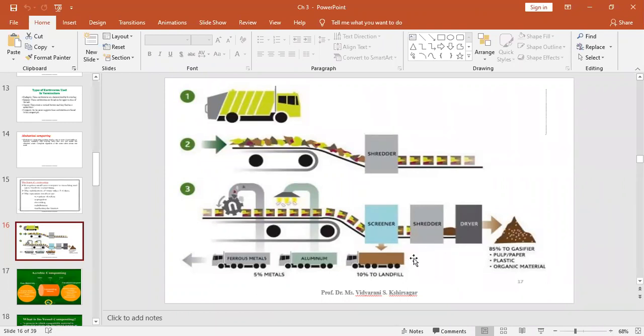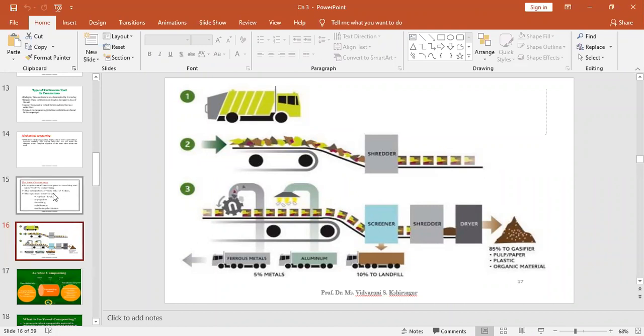This will help to decompose. Bacteria will be able to decompose it at a faster rate if it is converted into small pieces instead of larger ones. So we need to convert it into small pieces, and hence the rate of digestion or stabilization is more as compared to any other method of composting.